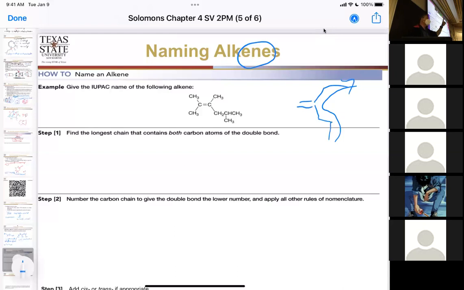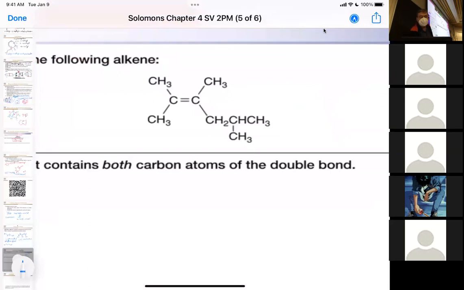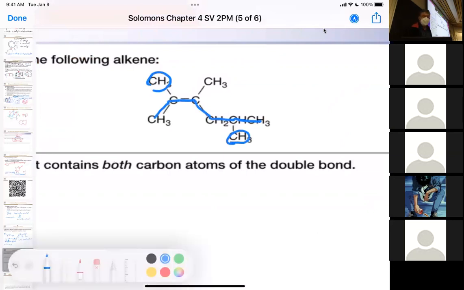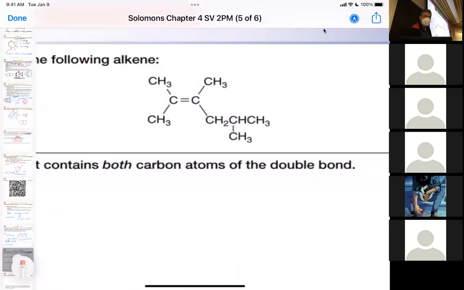It has to contain both carbons of the double bond. So in this example here, if we blow it up, that's a methyl group over here, a methyl group over here. So that's probably our longest chain, right? We should get better at recognizing where to start from our chains too.